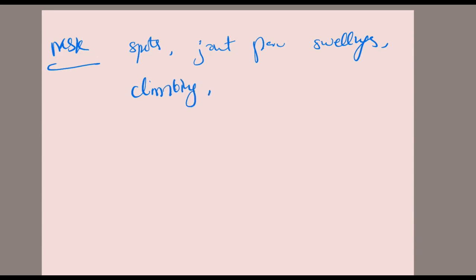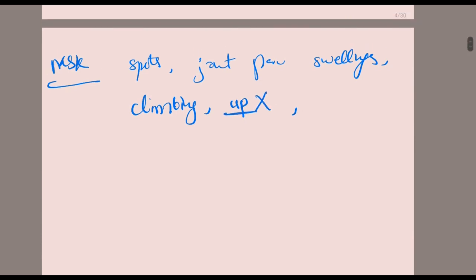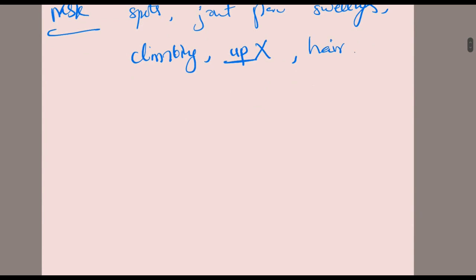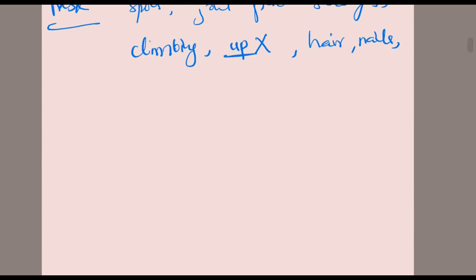That is skin spots, any joint pains, any joint swellings, difficulty in climbing the stairs, or difficulty in getting up from a sitting position, changes in the hair, changes in the nails. These are the questions relevant to the musculoskeletal system.